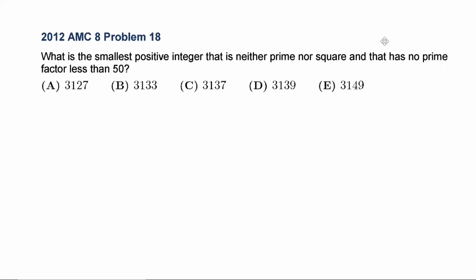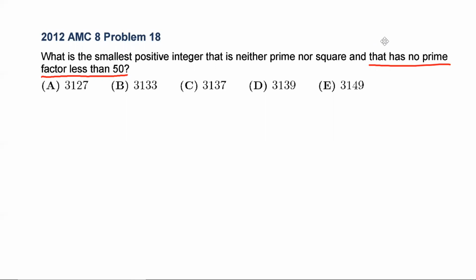So they're asking for a positive integer that is neither prime nor square, and that has no prime factor less than 50. So really what you should be looking at here is this statement. No prime factor less than 50. That means that all the prime factors it does have to be more than 50.